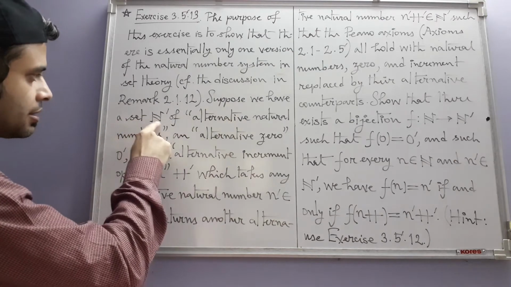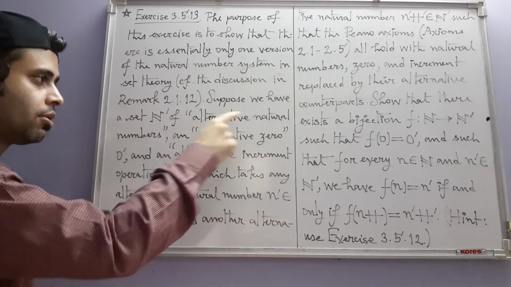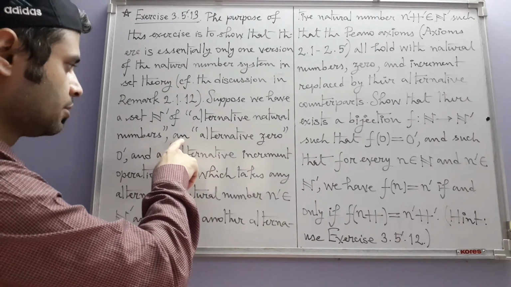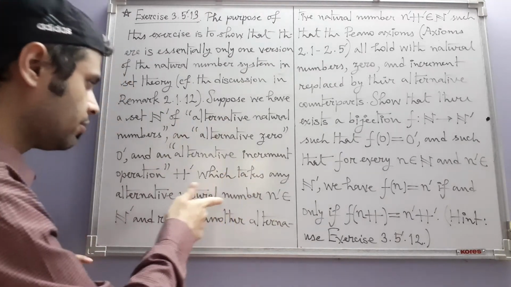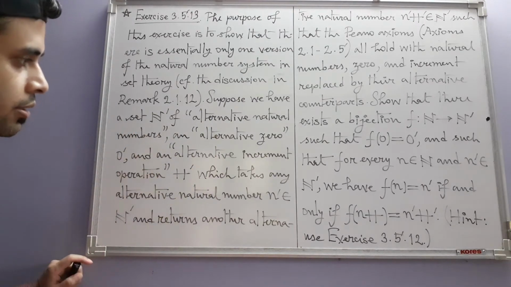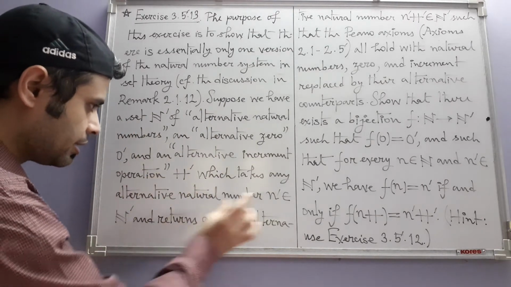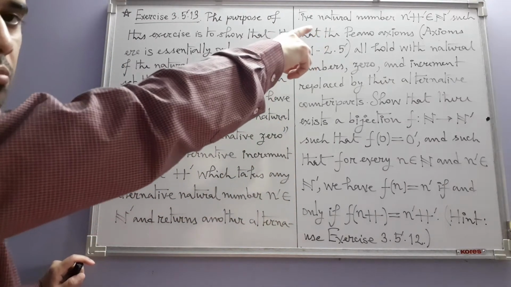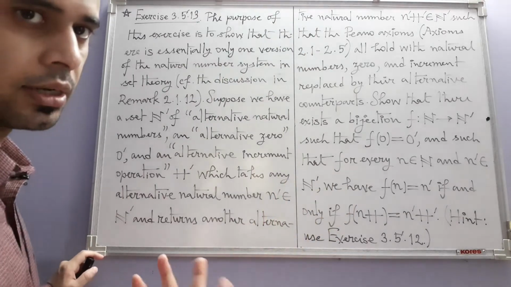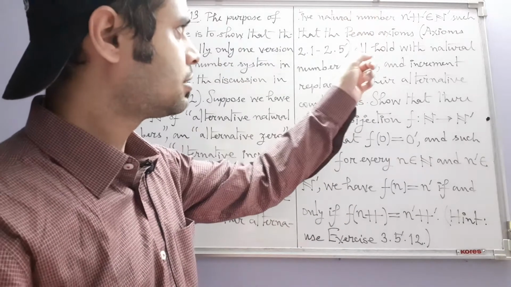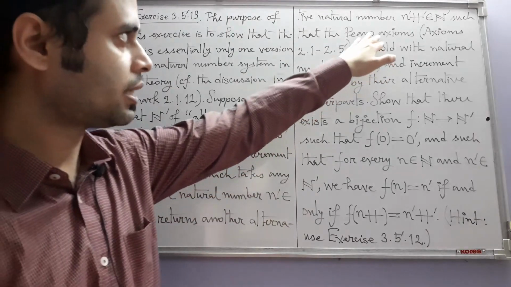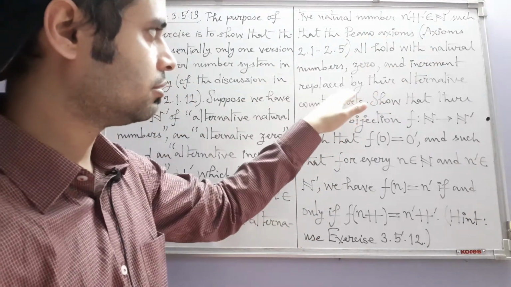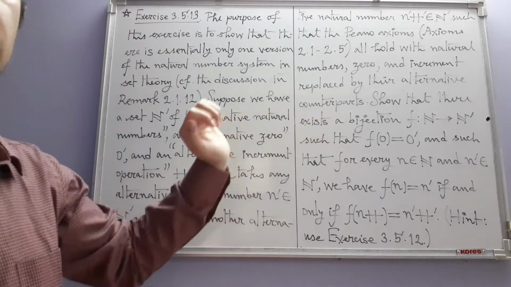Suppose we have a set N' of alternative natural numbers, some other system of natural numbers, an alternative 0 and an alternative increment operation which takes any alternative natural number n' and gives another alternative natural number, its alternative successor if you will, such that this new system also satisfies the Peano axioms with all the natural numbers, 0 and increment replaced by their alternative counterparts.